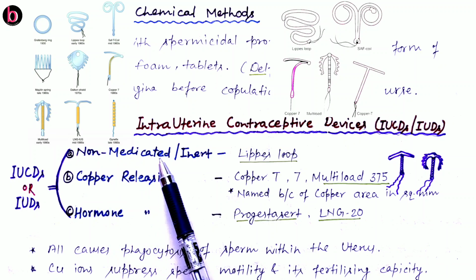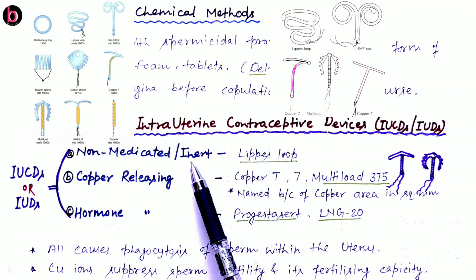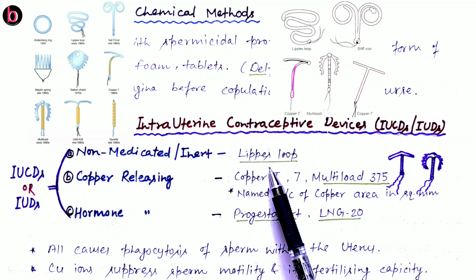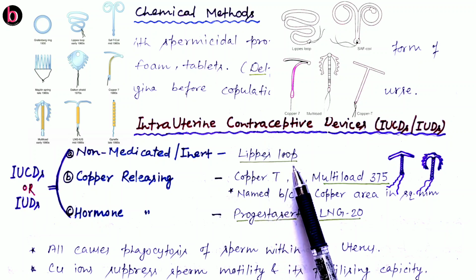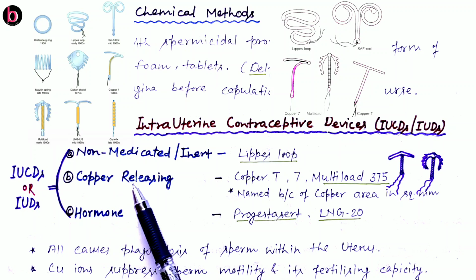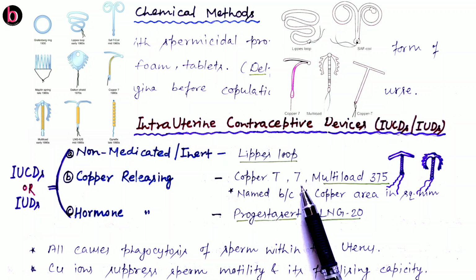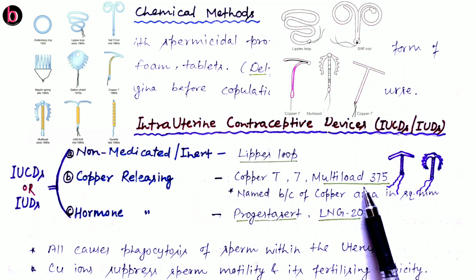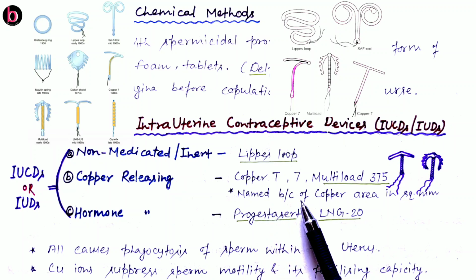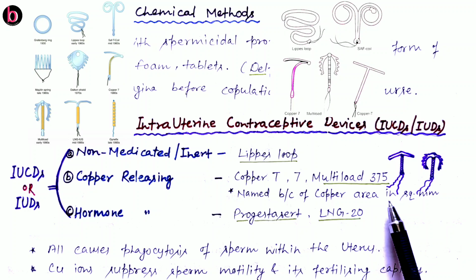First, non-medicated or inert IUDs, an example is Lippes loop. Second is copper releasing IUDs, examples are Copper T, Copper 7, Multiload 375. They are named because of the copper area they carry in square millimeters. And the third one is hormone releasing IUDs, Progestasert and LNG-20.